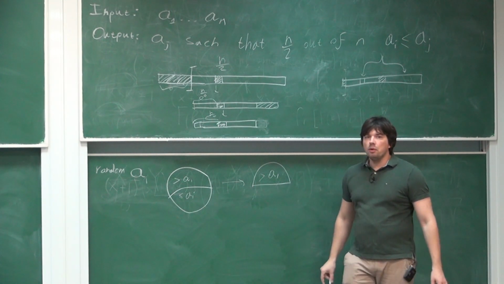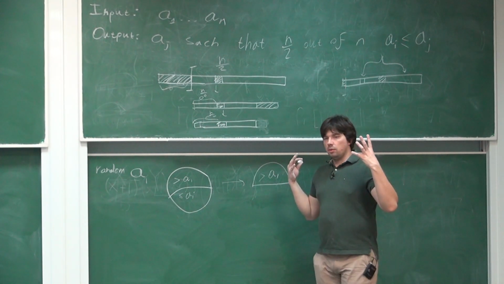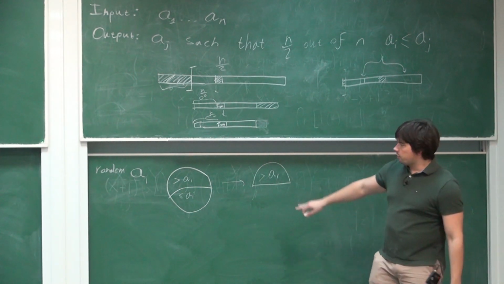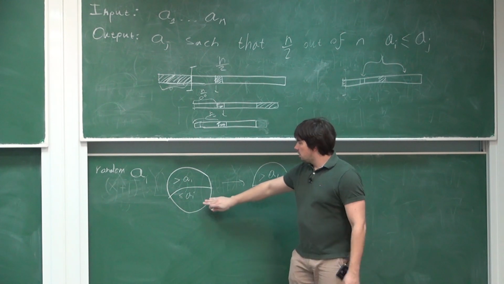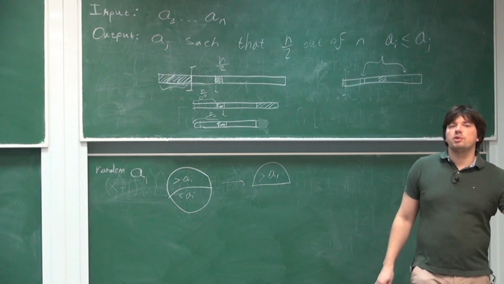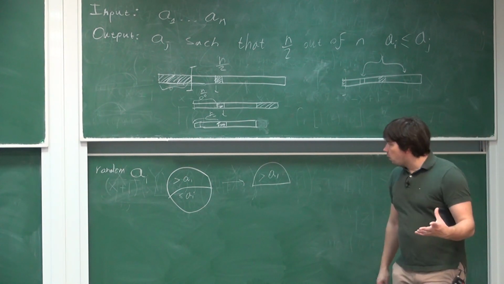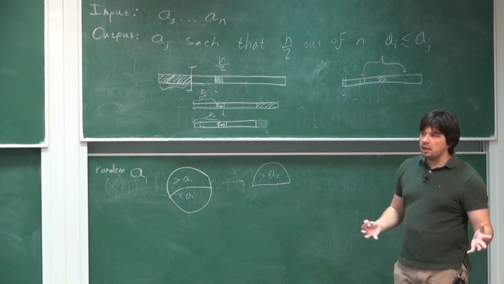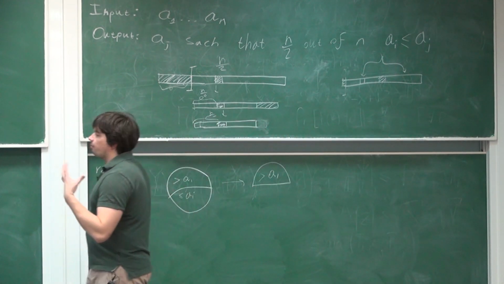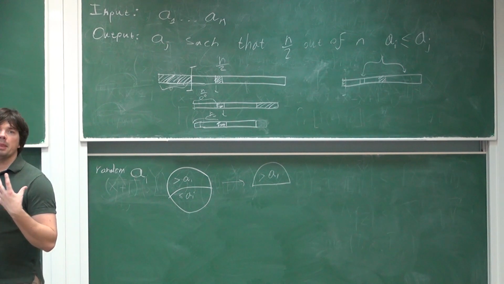So now the only thing we need to understand is that with high probability, this thing would be, let's say, at least 10% of the whole array. Again, we don't have time to actually go through the basics of probability theory.